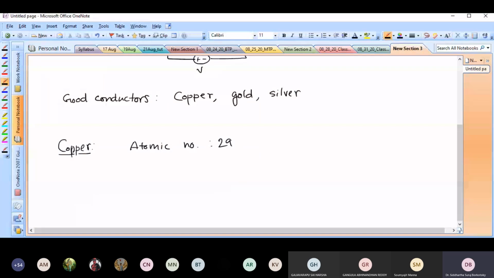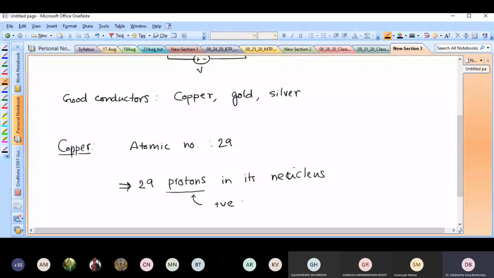It means that it has 29 protons in its nucleus. The protons are positive charge.